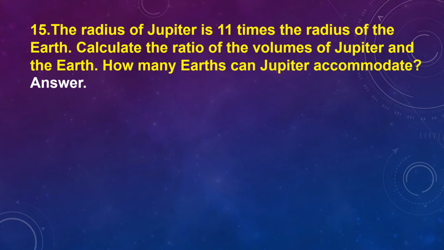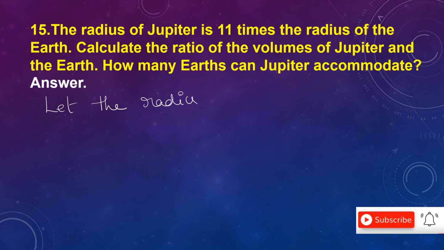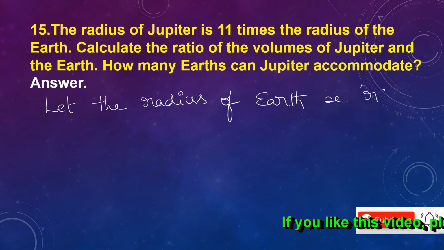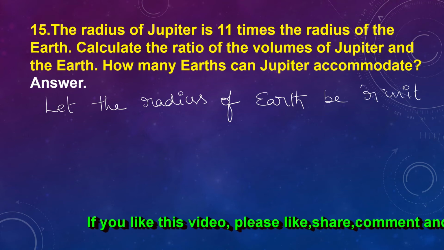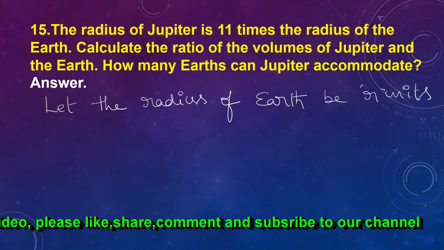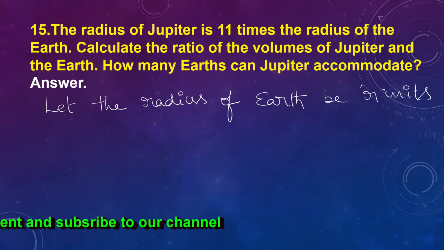Here we assume the radius of Earth to be r units. Now the volume of Earth is equal to 4 by 3 pi r cube.